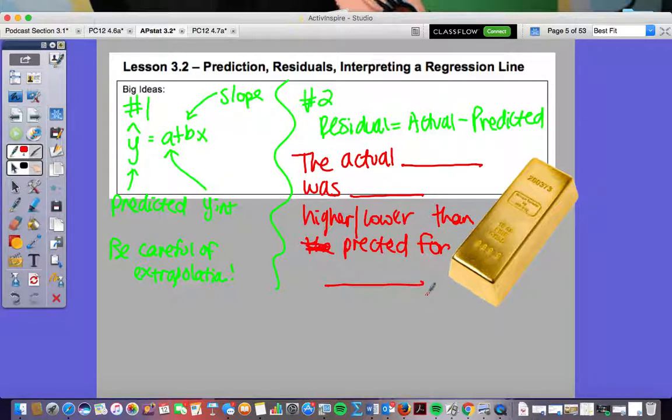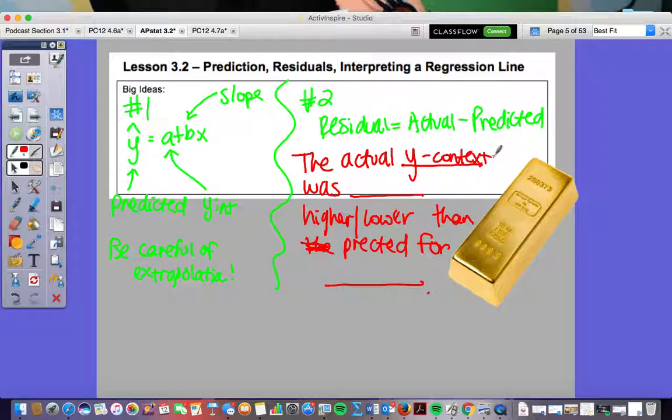Let me fill these blanks in. The actual blank, what is this? The actual, what value? The y context, right? Whatever the y is. So this would be the actual distance. That's y context for what we're doing here, okay?